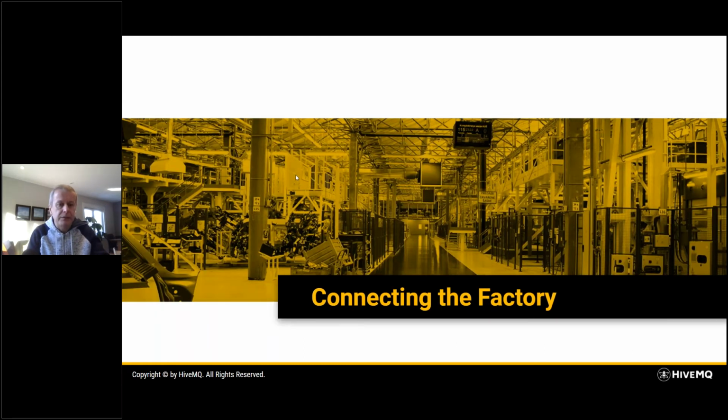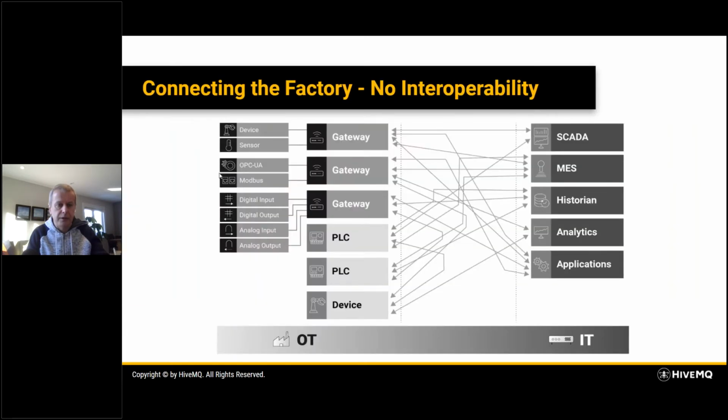From there, we can start to ask how this fits into our architecture. If you think about today's architecture, where we talked about the data silos, you really get this spaghetti type of environment where a gateway would be hardwired to a SCADA system, a PLC would be hardwired to an MES or a historian, and these would potentially be different vendors and hardware providers.